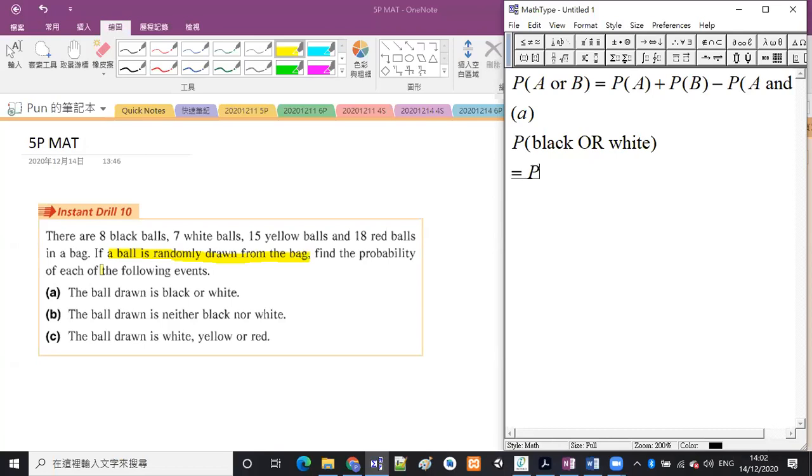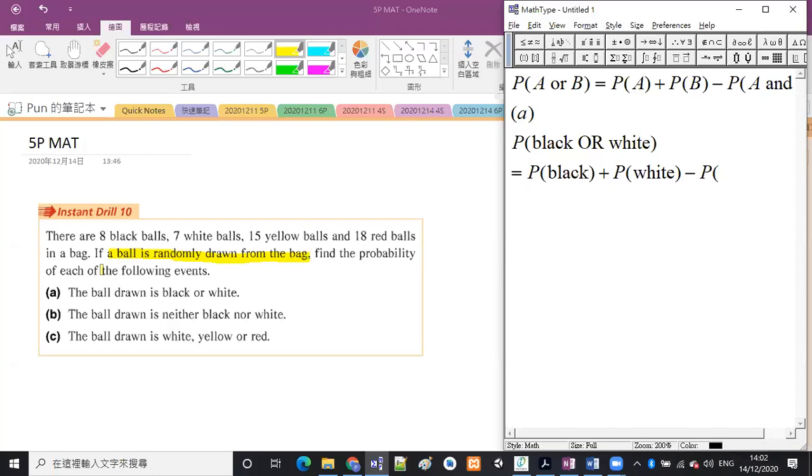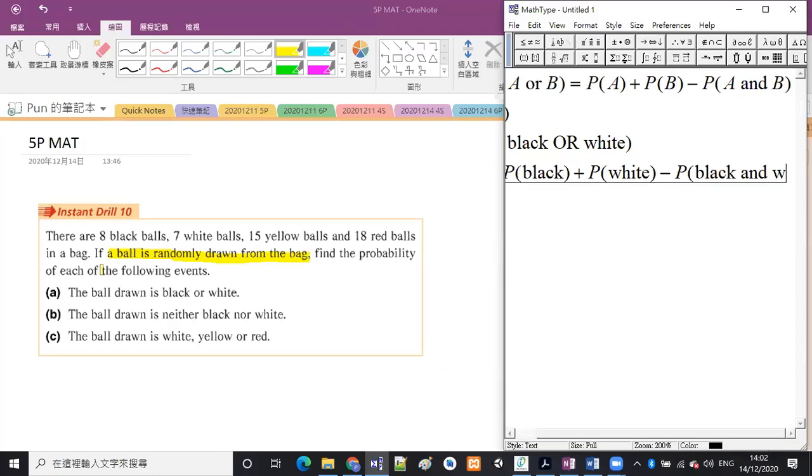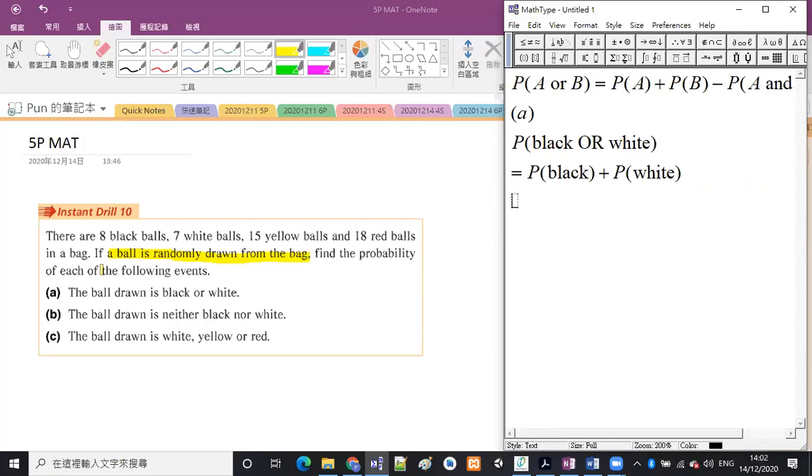So it is P(black) plus P(white), and then minus P(black and white). But we know that there is no ball in the bag which is at the same time black and white. So this probability will be equal to 0, and we do not need to write minus 0. So P(black or white) simplifies to P(black) plus P(white).